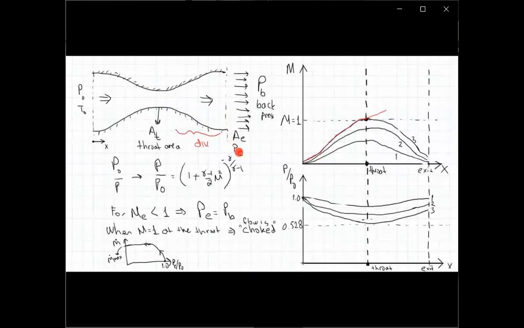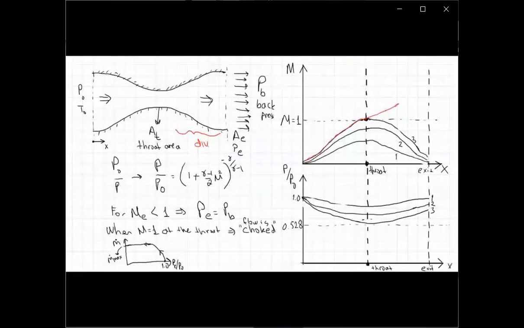If the exit pressure that we just lowered from scenario 3 is higher than the required exit pressure to obtain fully supersonic flow in the diverging part, then the flow will go through a shock wave.